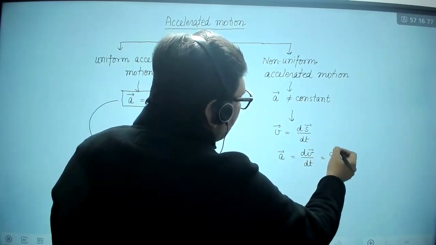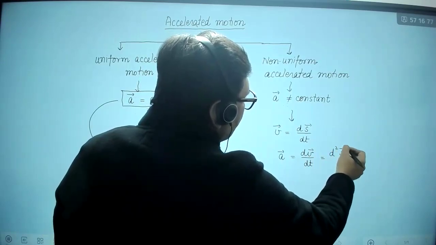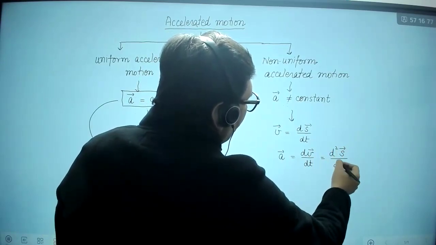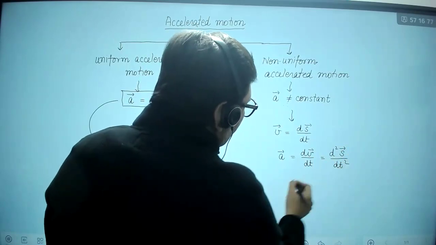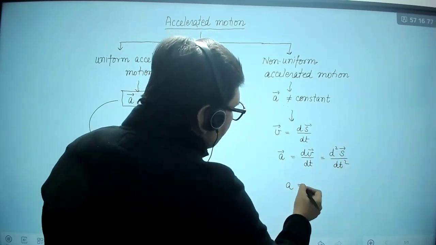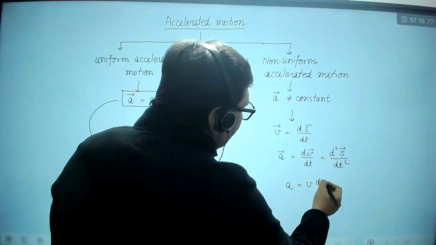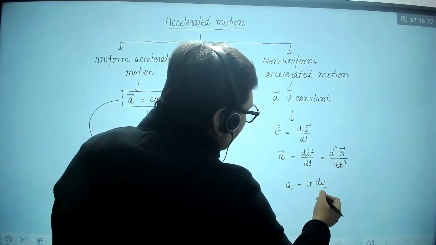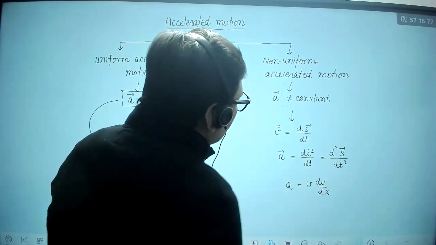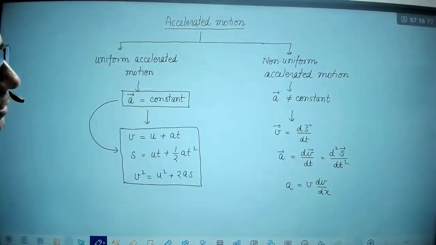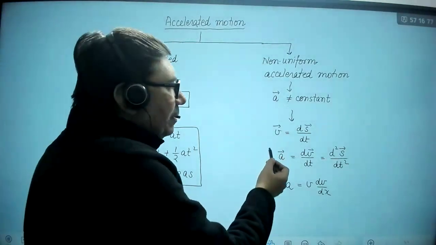Or you can use d square s by dt square. Or you can use acceleration is equal to v dv by dx or ds. So if acceleration is not constant, then you are going to use these basic equations.